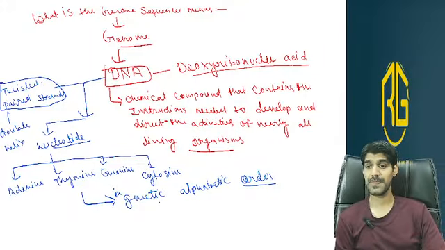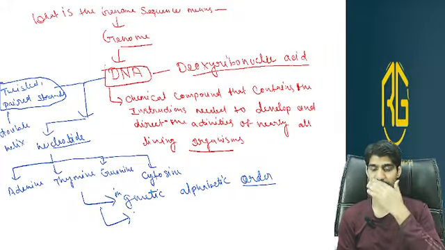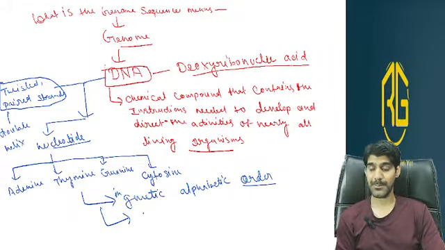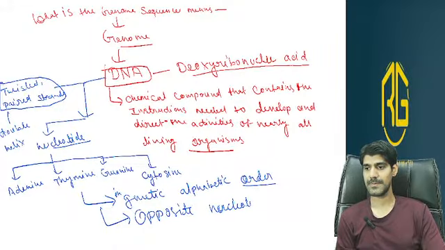Another important point is that these compounds have an opposite nucleotide. Adenine always pairs with thymine, and cytosine always pairs with guanine.